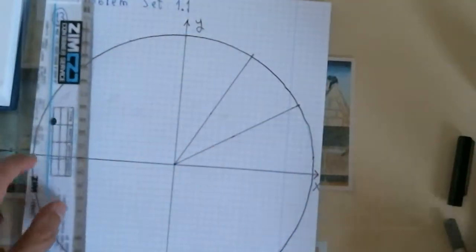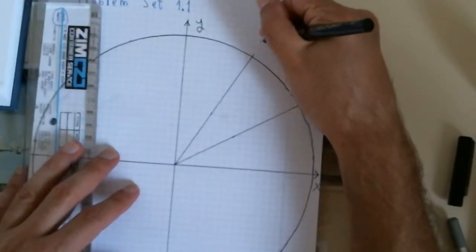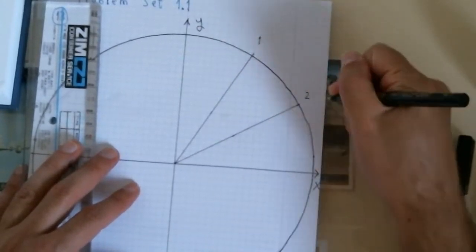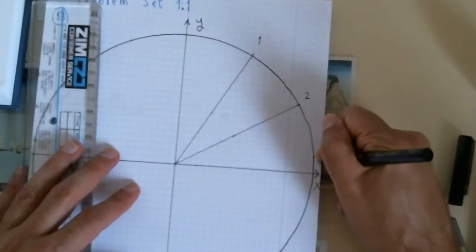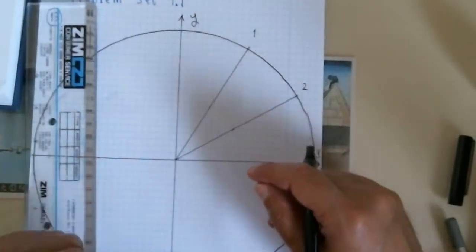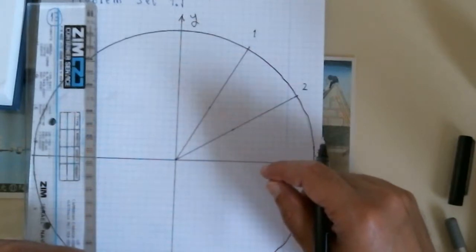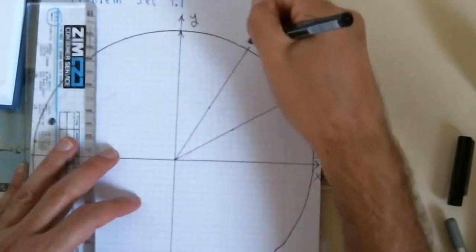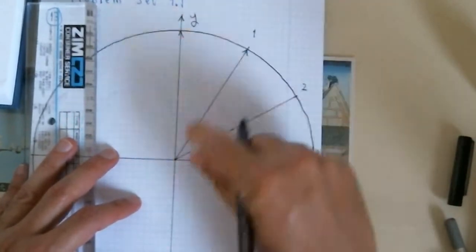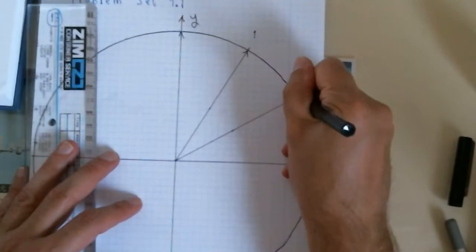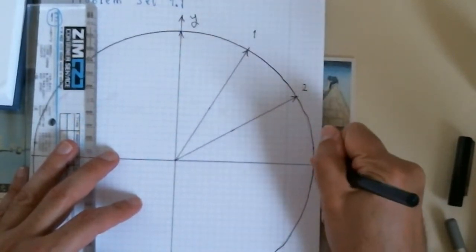Okay, and this is the hour 1, this is the hour 2, this is the hour 3, and so on. And then each one of them is a vector, okay? This is a vector from the origin, from 0, 0. This is a vector, this is a vector, and so on.